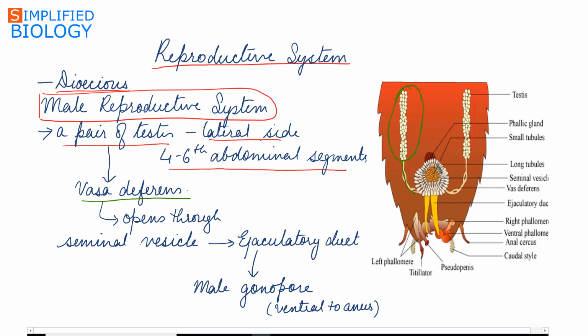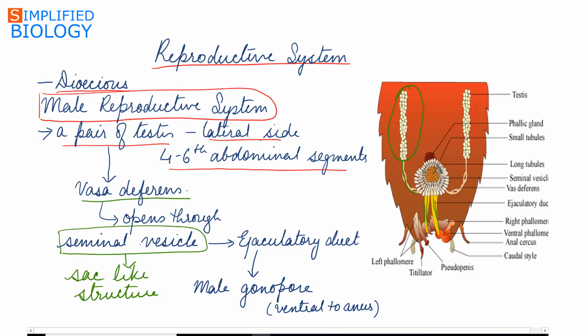This vasa deferens opens into the ejaculatory duct. These are the ejaculatory duct through the seminal vesicle, which are sac-like structures. So vasa deferens opens into the ejaculatory duct through the seminal vesicle.